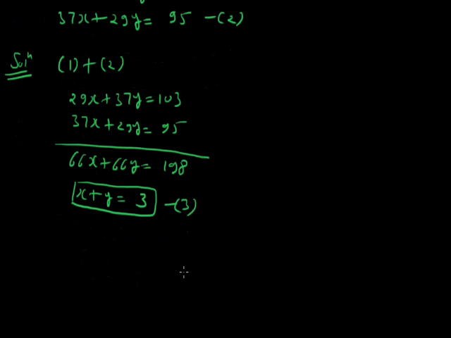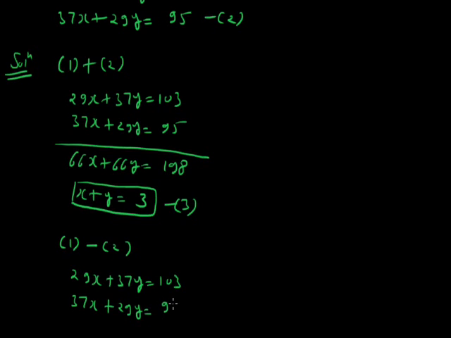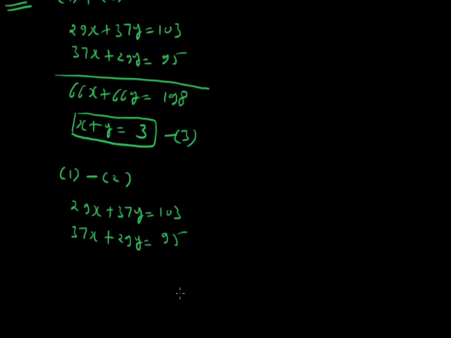Now I subtract the second equation from the first one. So 29x plus 37y equals 103. 37x plus 29y equals 95. अब हम सब्ट्रैक्ट कर रहे हैं तो सेकेंड इक्वेशन की साइन चेंज हो जाएंगी.